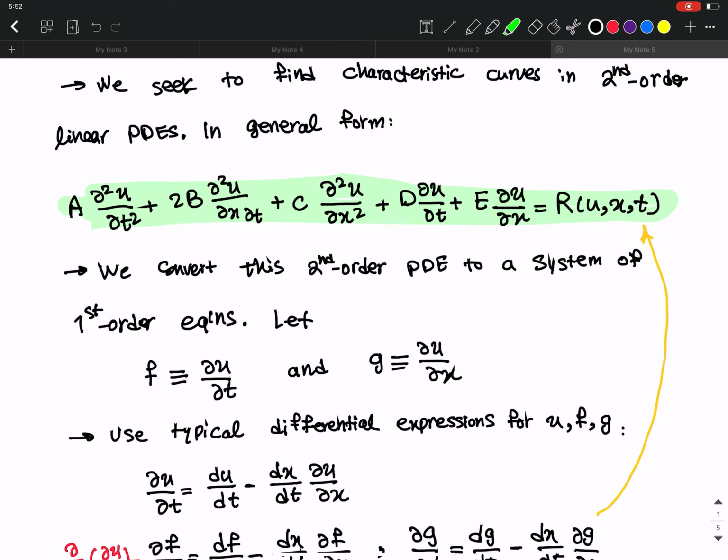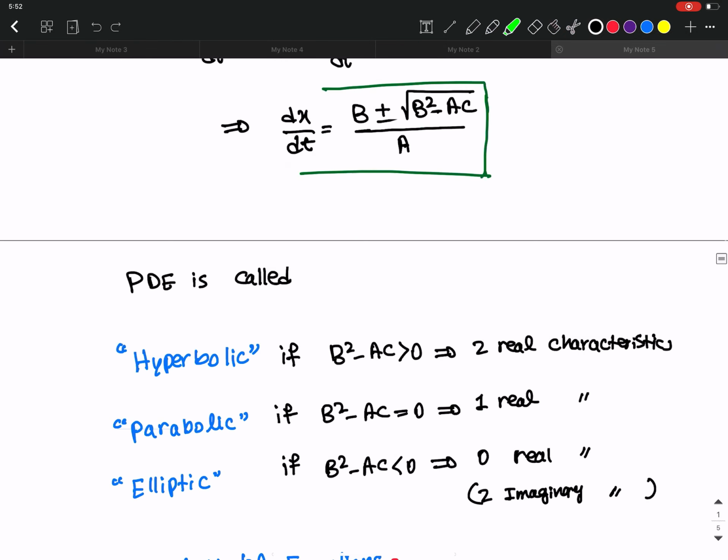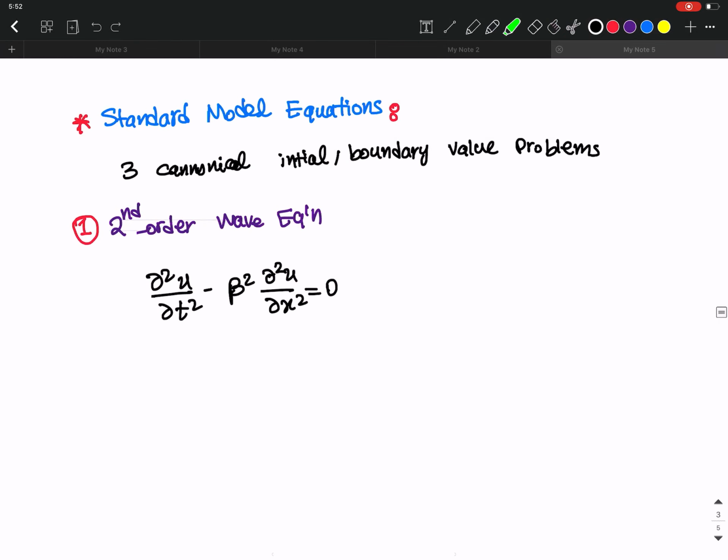So I want to see what a, b, c, d, e are in this equation. So a is what? Is 1, right?